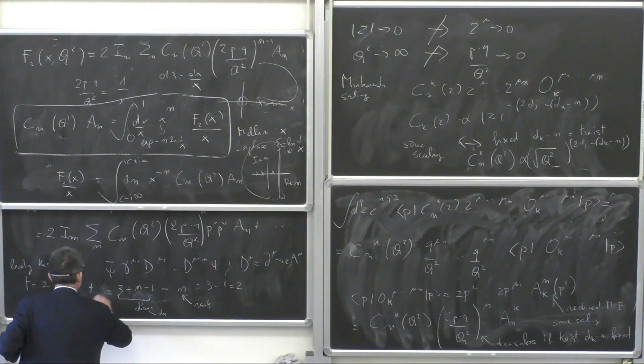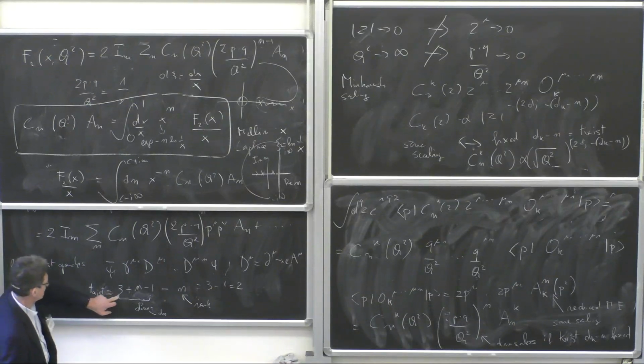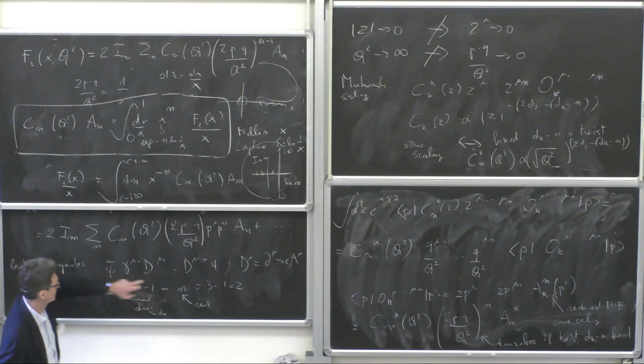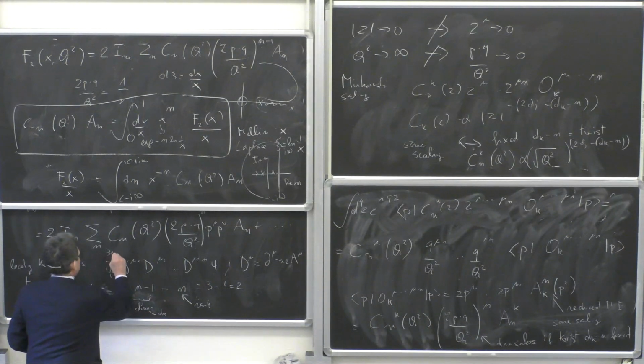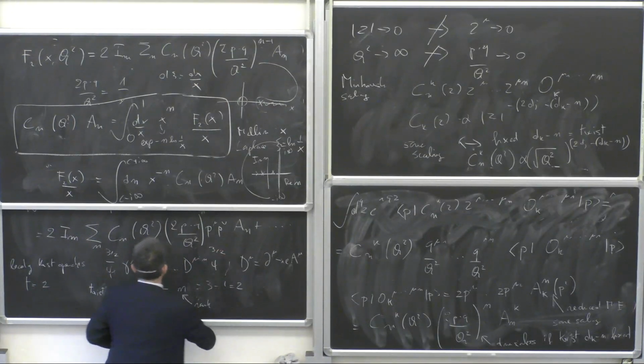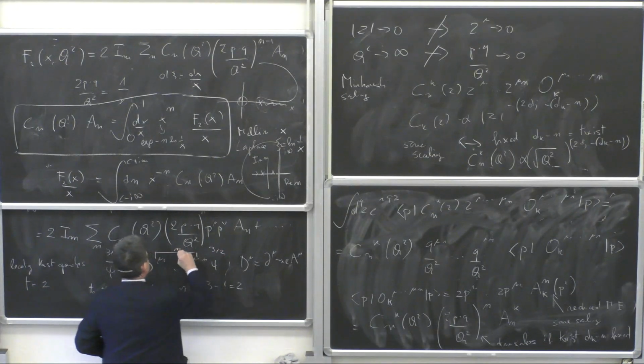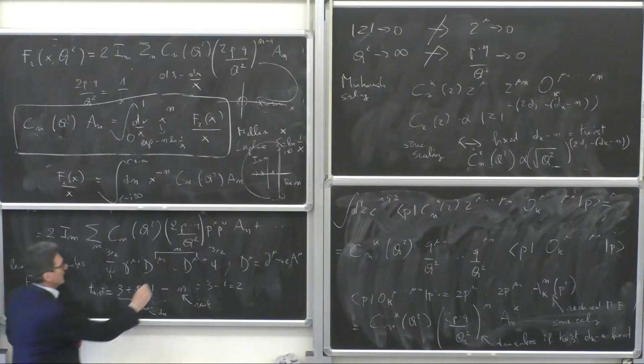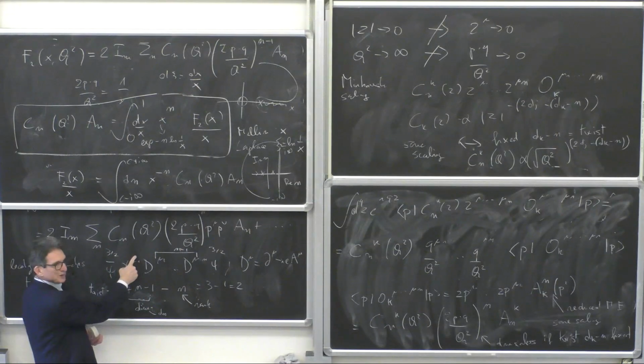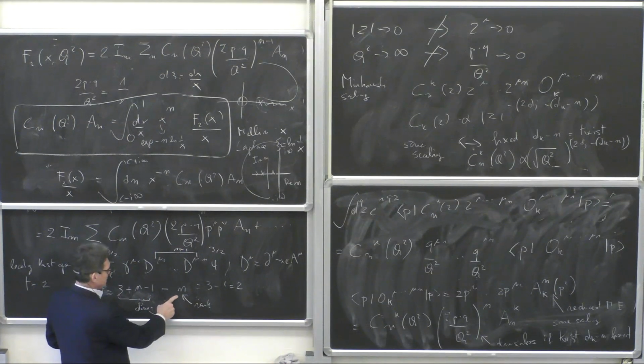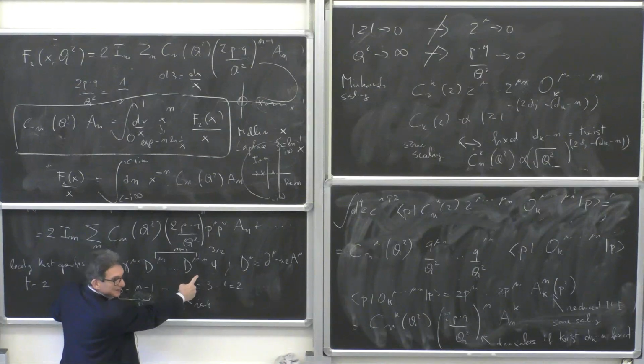This is the twist. So the twist is the dimension, which is 3 plus n minus 1, because it's 3 halves times 2, plus n minus 1, and then minus n, which is the rank of the operator.